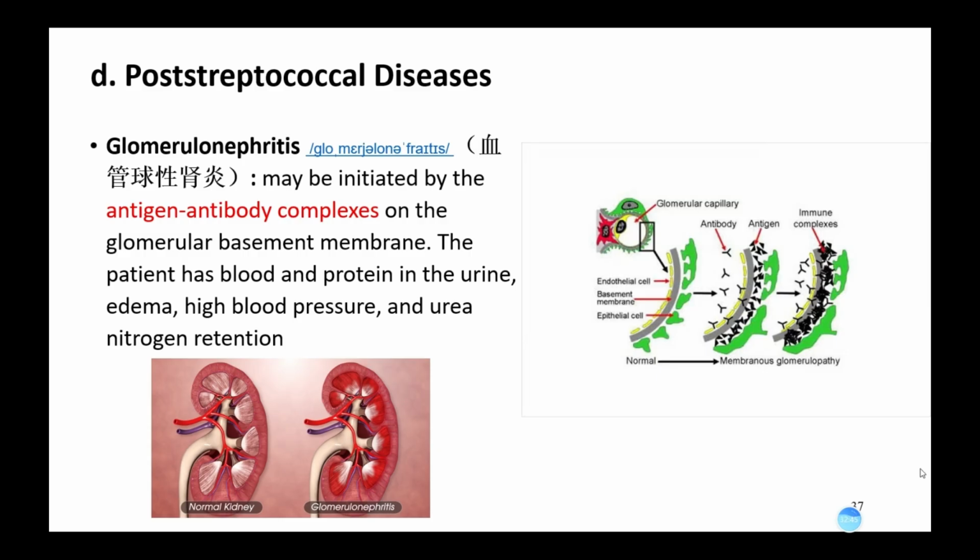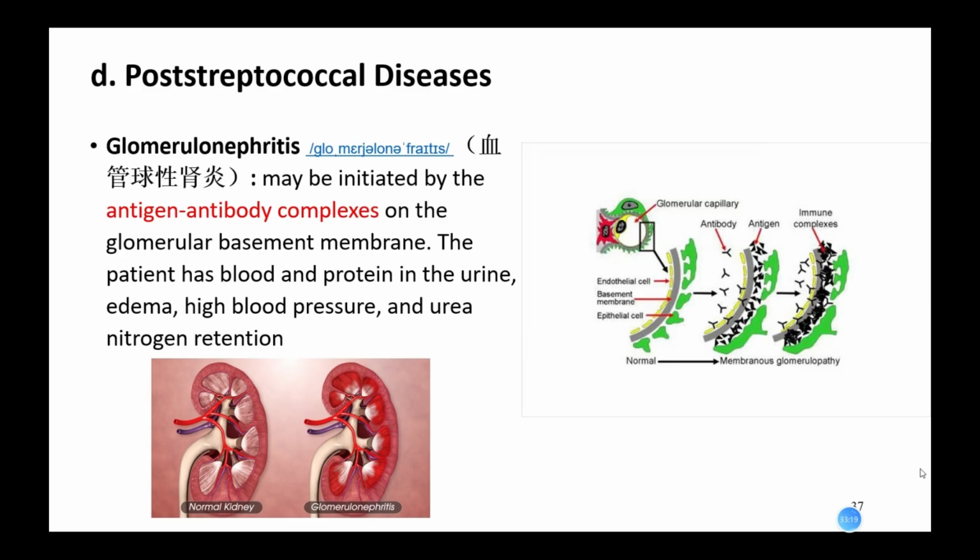And these antibodies can bind to the antigen to form the antigen-antibody complex. And the antigen-antibody complex may precipitate in the tissue, and that can cause inflammation and other problems. The first one we want to introduce is the glomerulo... Anyone read this word?